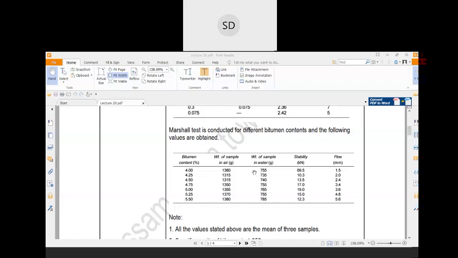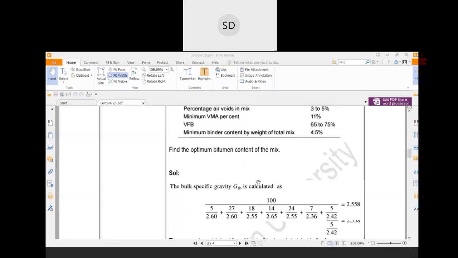Basically you get the weight of the water displaced by the sample, and that is the volume. So the bulk specific gravity is calculated using these two parameters, the weight of the sample in air and the weight of the sample in water.